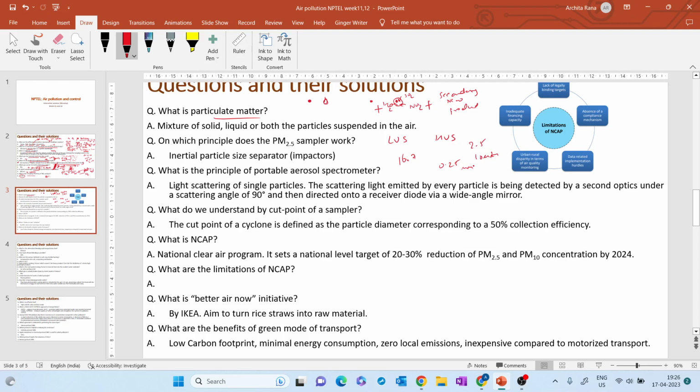But the basic principle of all the samplers is the same, and that is inertial particle size separation, or inertial impaction, I would say. In the last class, we discussed inertial impactors. For example, if you see these low volume or high volume samplers, they have a big structure at the top, and then they have a tube.